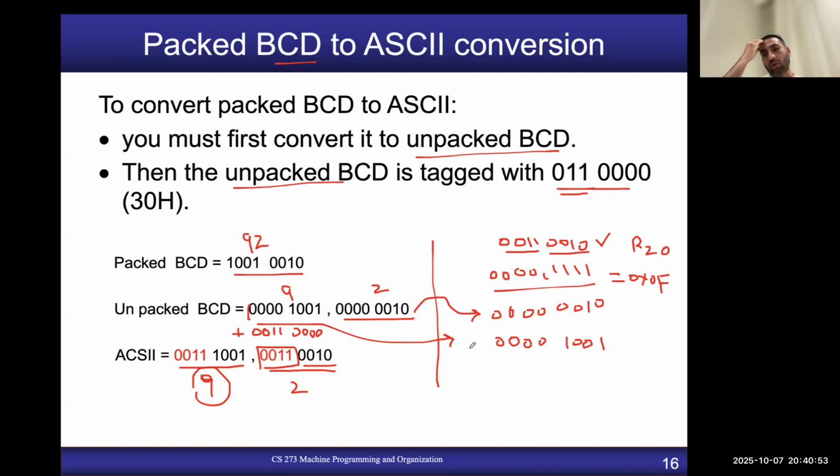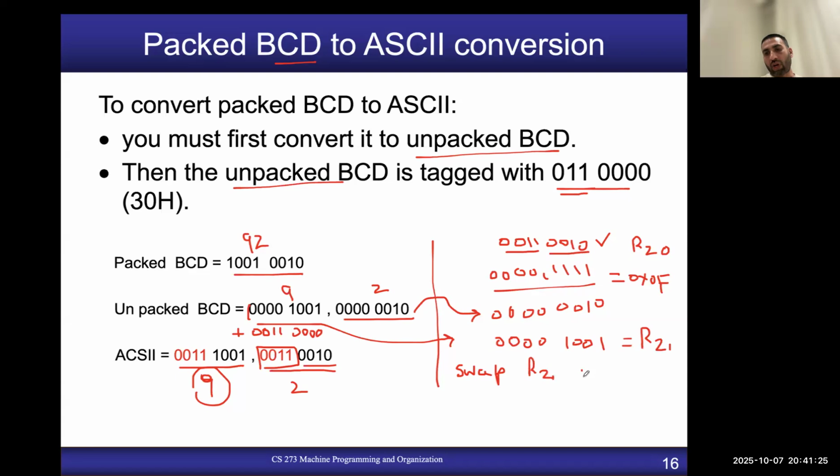So how can I pack them together? For packing, there is an instruction which we have not covered in the slides. It swaps the lower 4 bits with the upper 4 bits. For example, let's say I have this value in register R21. When I say SWAP R21, after executing this instruction, the lower 4 bits will be swapped with the upper 4 bits.